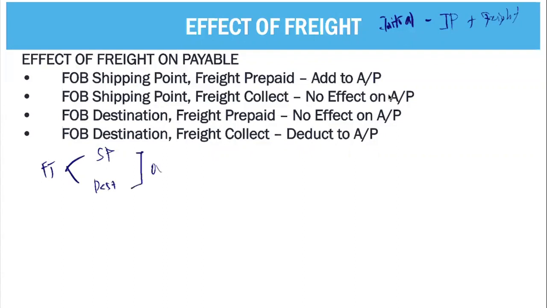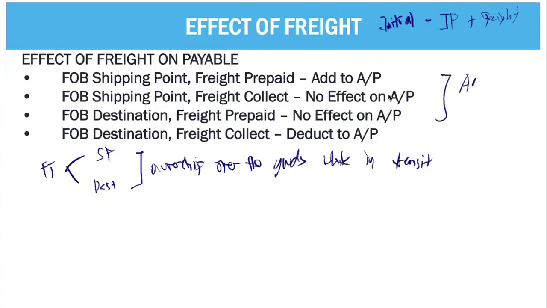This shows the ownership over the goods while in transit. Okay? Again, this is an AE 100 topic, but let's just refresh your memory about it. So your freight terms, shipping point, ownership over these goods while in transit. So if it's shipping point, it is now owned by the buyer.